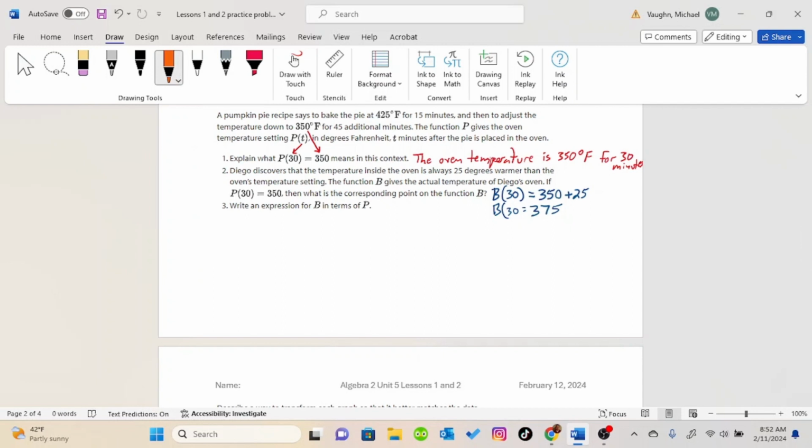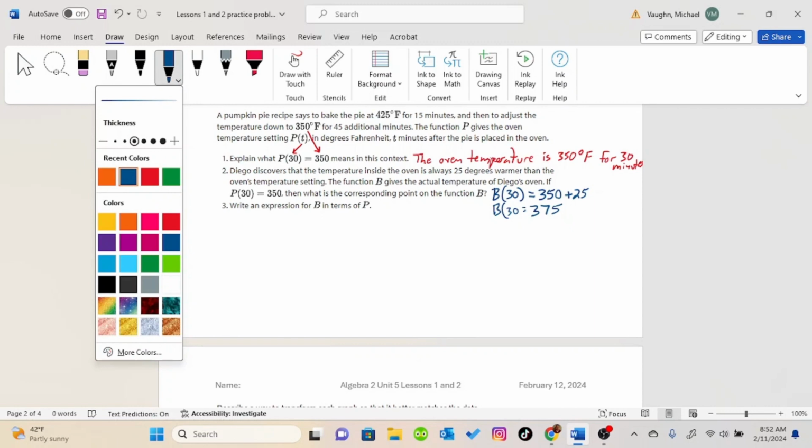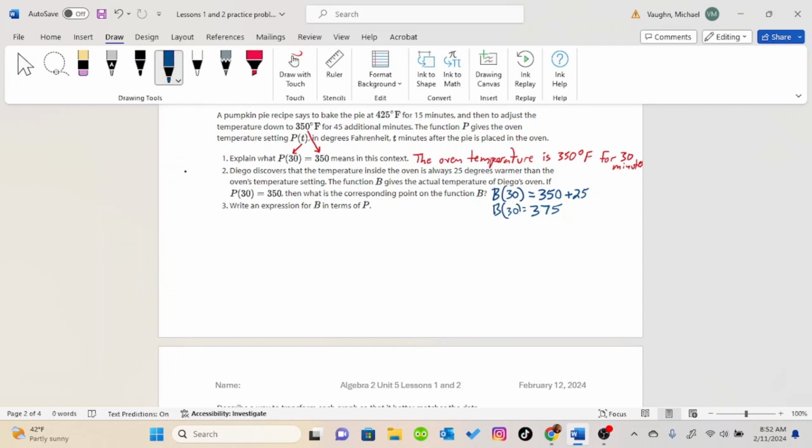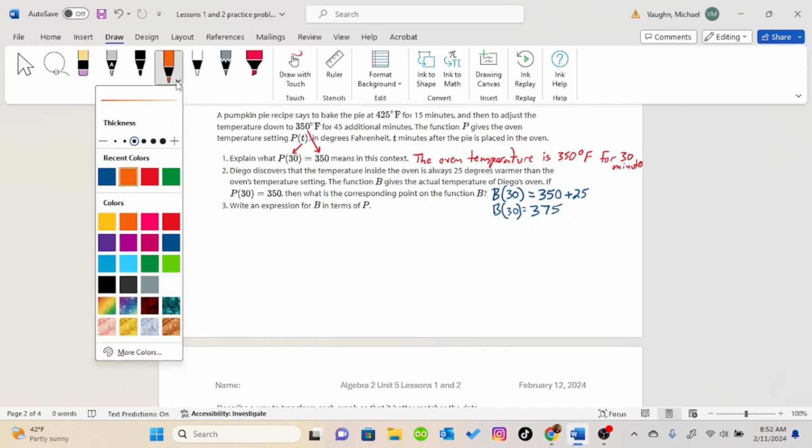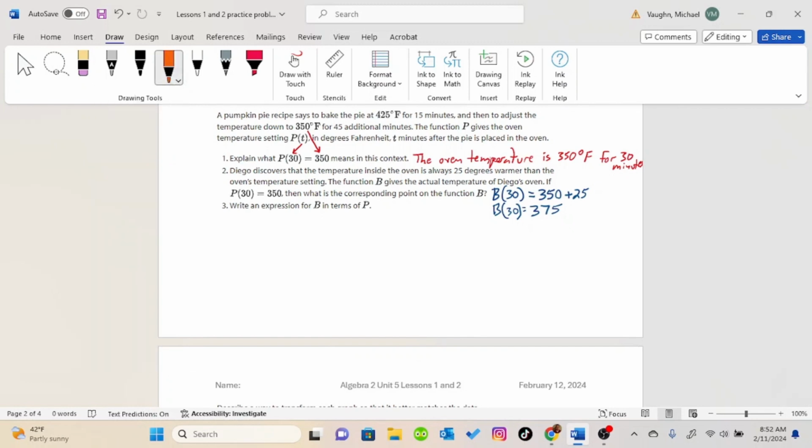And then number 3, write an expression for B in terms of P. So we're going to take the function notation that we just wrote, and we're going to come up with the generic expression.